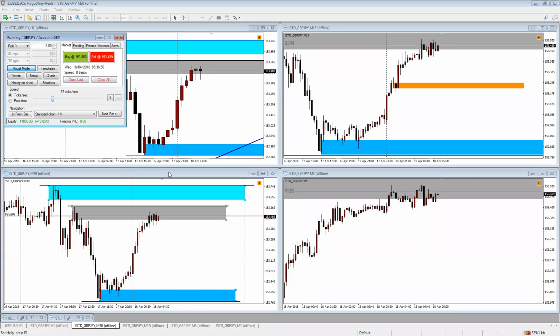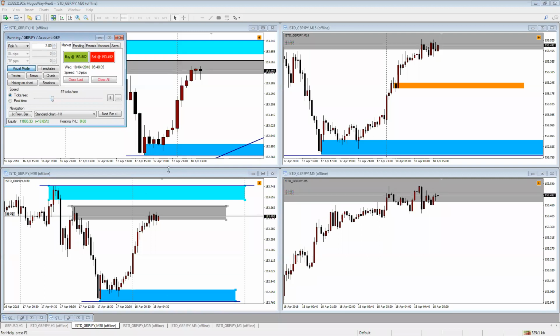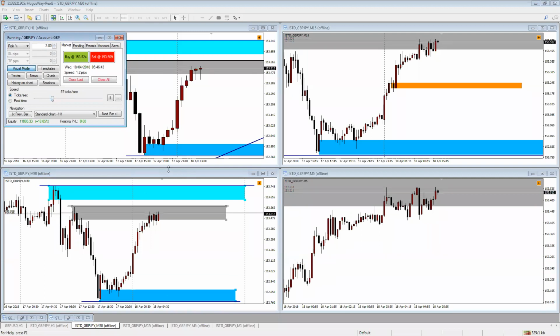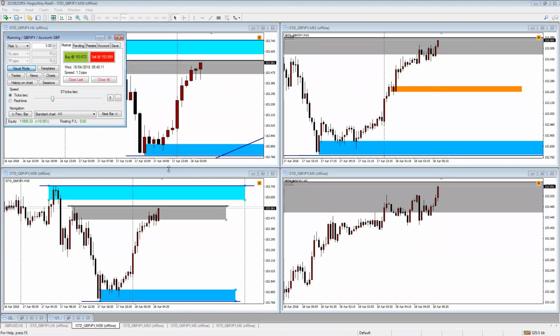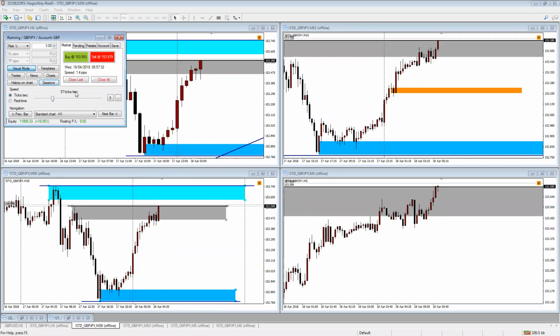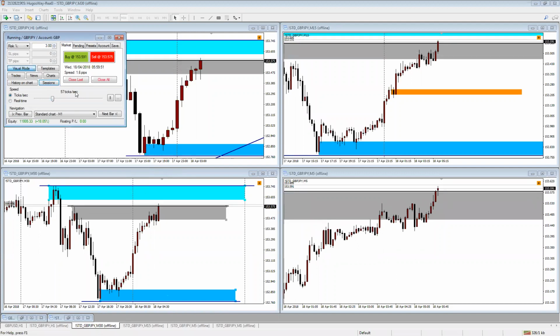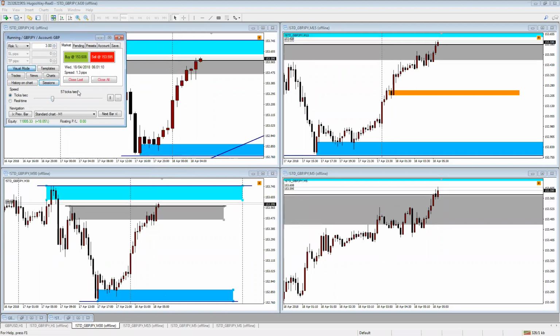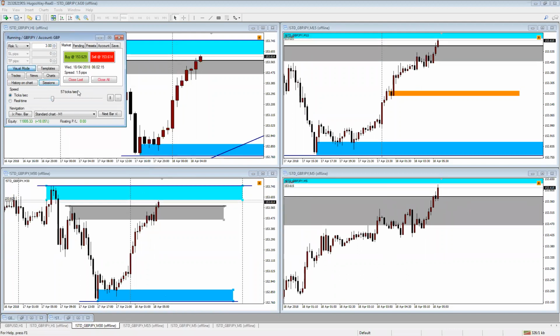Okay, let's do this. Push. 1 hour until open. Are we gonna touch daily high? Touching daily high was perfectly fine.